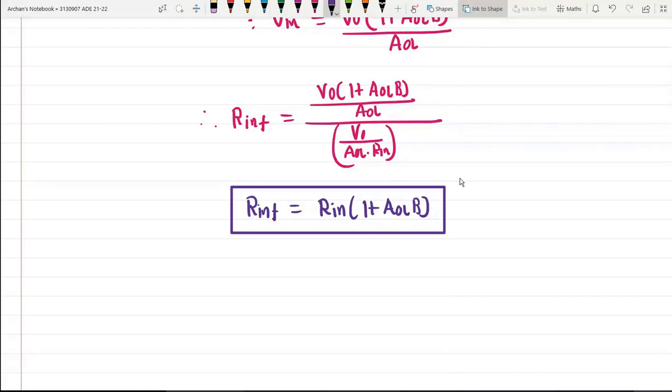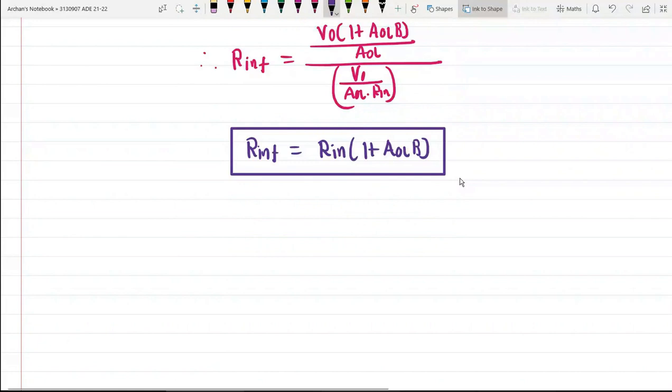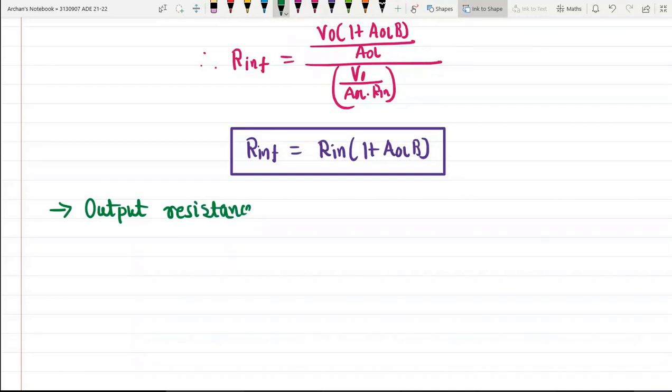Now let us consider another parameter, which is output resistance. Output resistance without feedback we know is R0, and now let us try to find the output resistance of the non-inverting amplifier with feedback. Whenever we provide feedback, the output resistance should decrease by a certain amount.